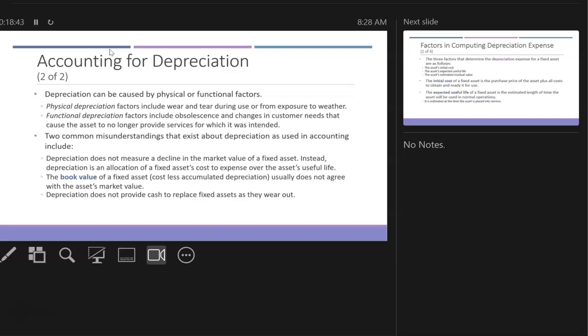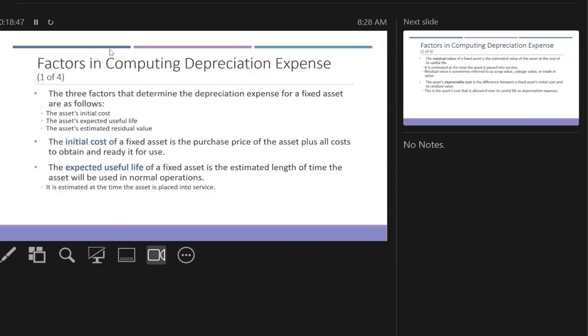Oh, depreciation does not provide cash to replace fixed assets as they wear out. The three factors that determine the depreciation of a fixed asset are what we initially purchased it for, what we estimate its useful life to be, and then what we think is its residual or salvage value.